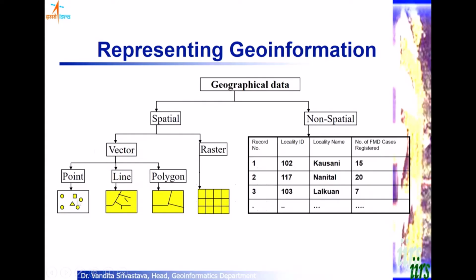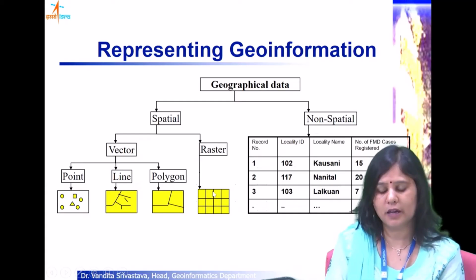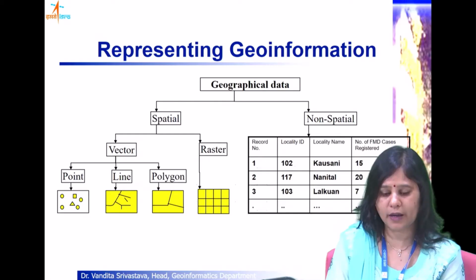Now the same information which is represented as point, line or polygon can also be represented as raster. In case of raster, we do not talk about the XY coordinates. We talk about the pixels, the grid cells. This is a grid cell, and this structure is a square structure. We can have linear, rectangular structure, we can have hexagonal, circular, triangular structure.